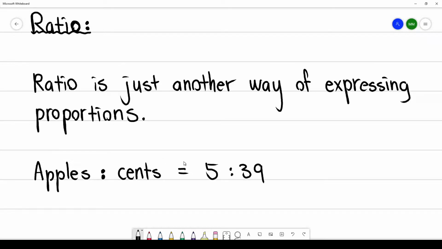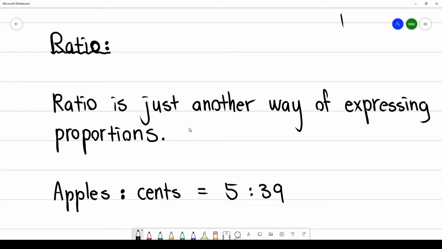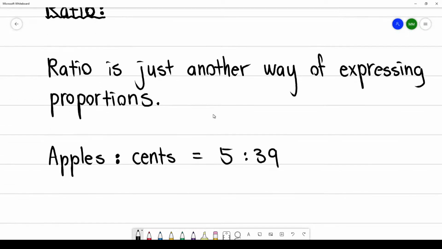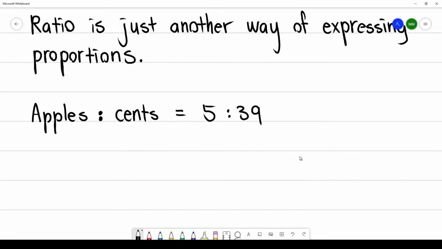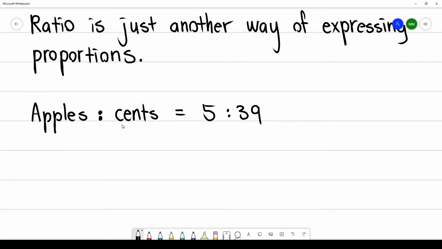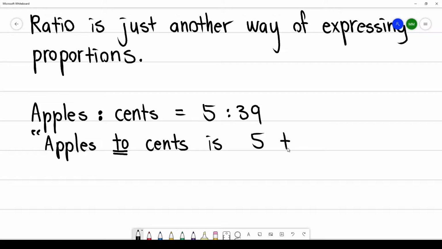So that is essentially what we're saying, 5 over 39. And yes, this can also be treated as a fraction. And how we say it is apples to cents. This is the colon, and then 5 to 39.